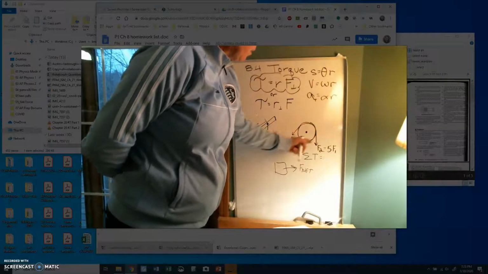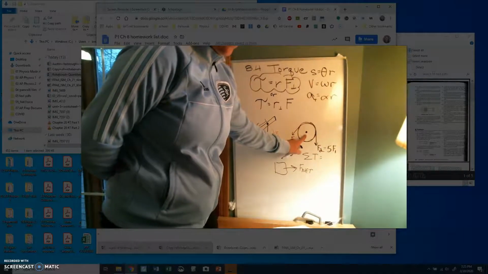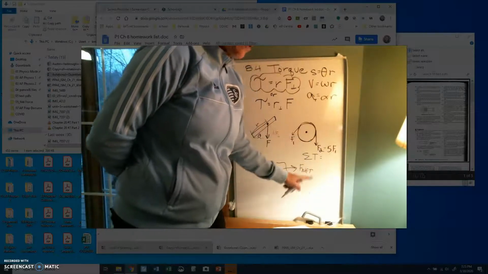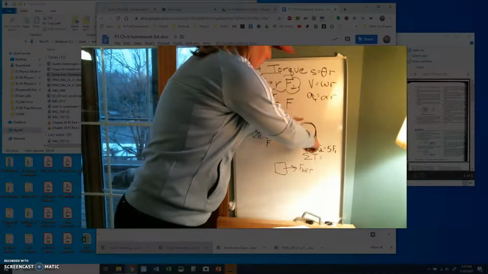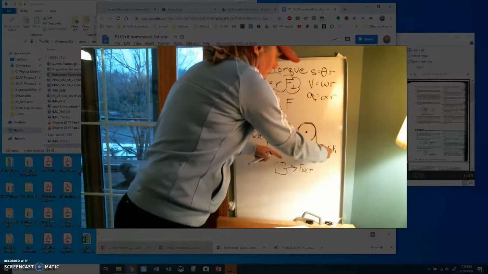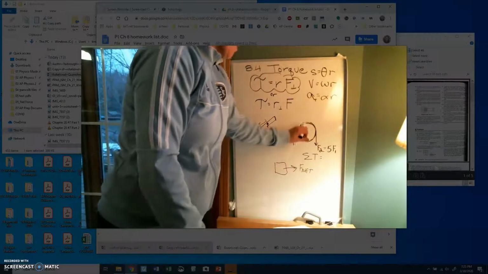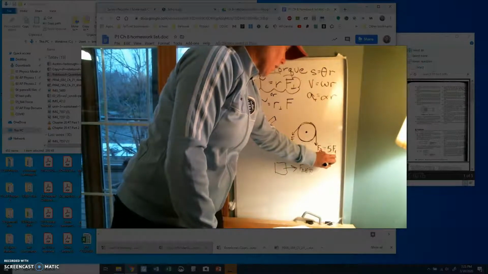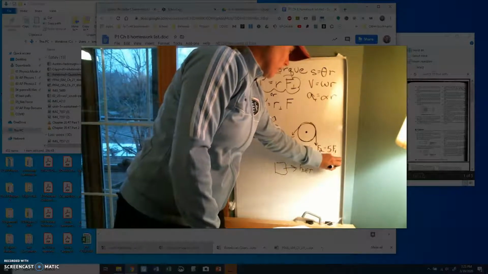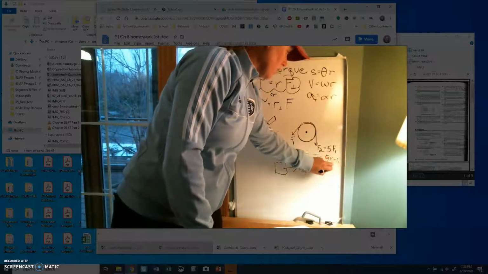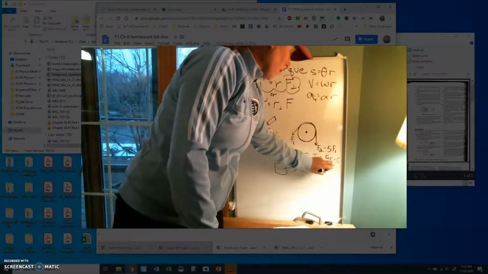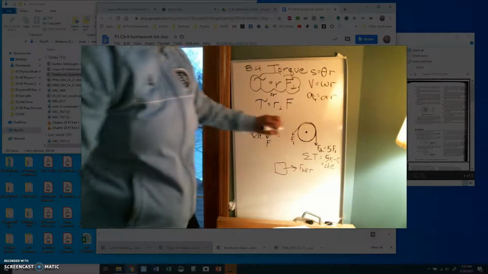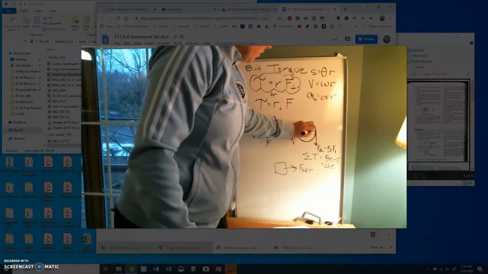So which way wins if I've got this scenario? I've got force 1 and then force 2 is 5 times force 1. They're going to counter each other, except this has 5 times as much. So my net torque is basically 5F1 minus F1, so 4F1 is my net torque. And when I say that, we can calculate those torques.